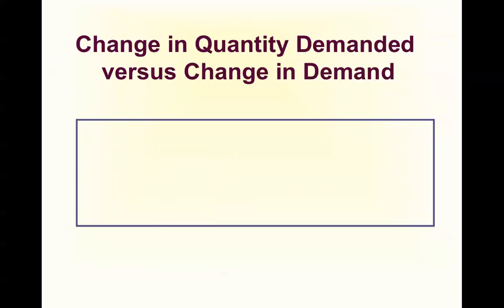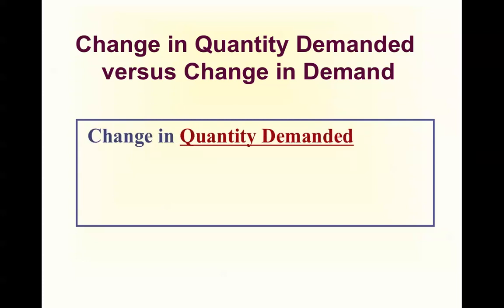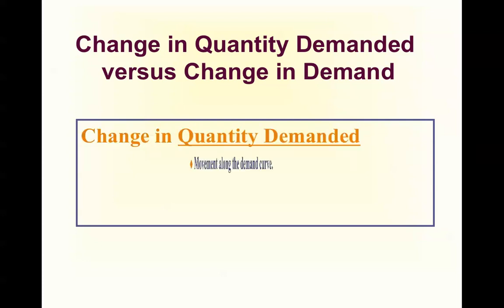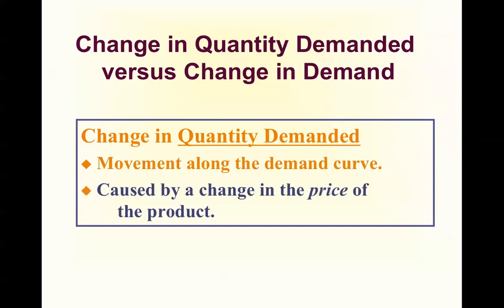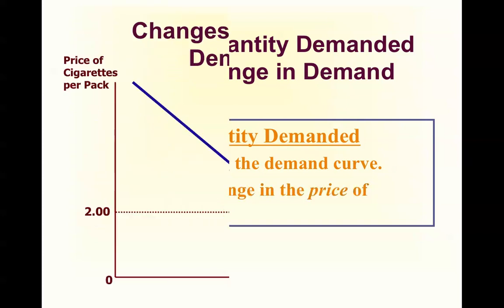Okay, change in quantity demanded versus change in demand. A change in quantity demanded is a movement, and it is caused by a change in the price of the product. So now let's look at an example of this.